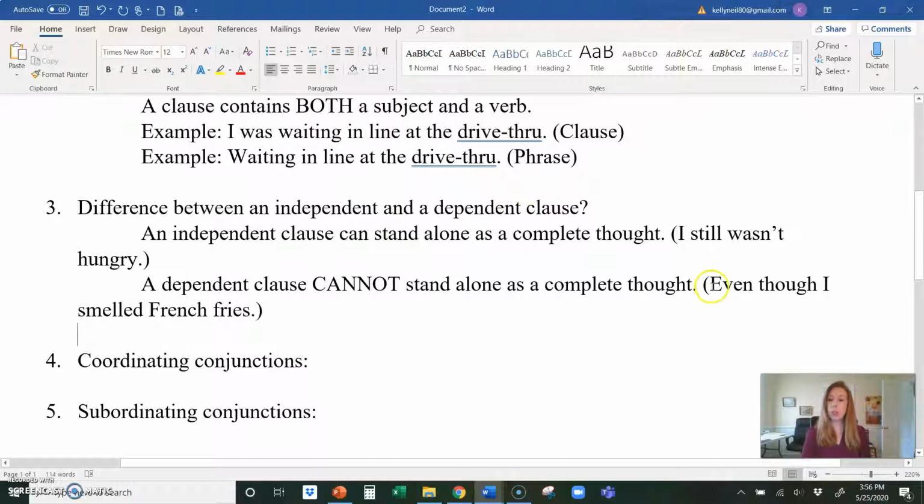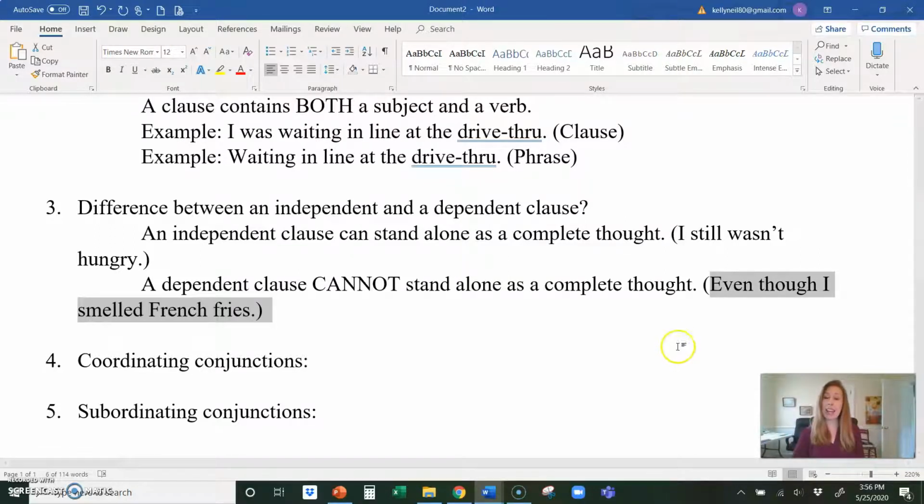This sentence right here, look at it for a second. It has a subject, the I, it has a verb, smelled. What's wrong with it? Well, because I have this phrase, even though, at the beginning, that makes this sentence have to depend on something else to make sense. So it can't stand alone. It's a dependent clause.